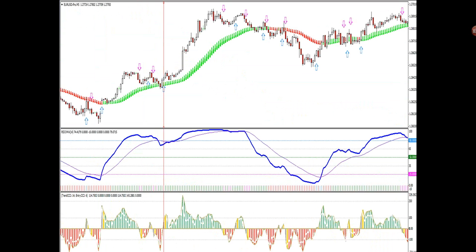Now let's see a long setup. So this was obviously a zigzag, and this was the first swing captured. You can also see this example. We see a gray bar here, and we can enter long here.